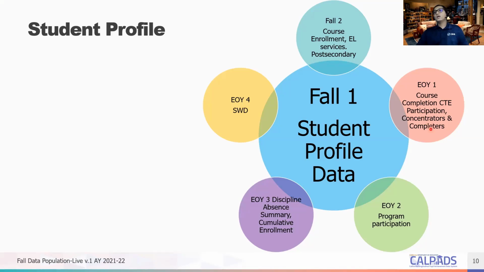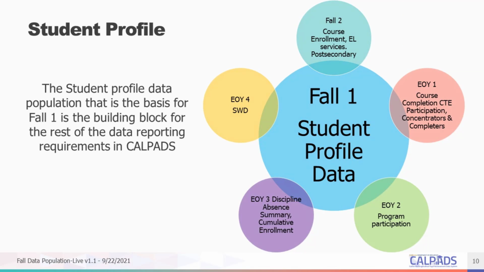Then in end of year 1, for grades 9 to 12, you report those who completed departmental courses and who are CTE pathway completers. For EOY 2, this is another flavor of the SPRG file where you'll be submitting program participation. End of year 3 would include discipline and STAS, which is the absence summary of those students enrolled during the year. And then EOY 4 would be your second time updating your students' SPED and SSRV to make it more current based on the collection period.